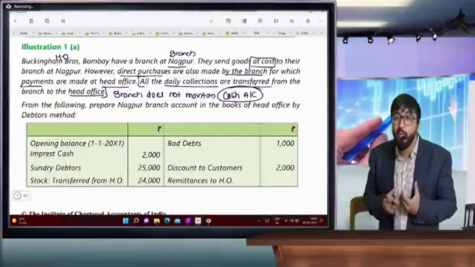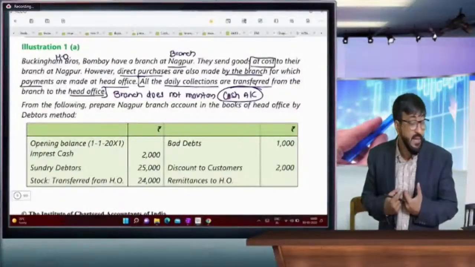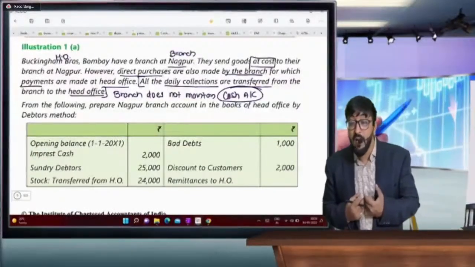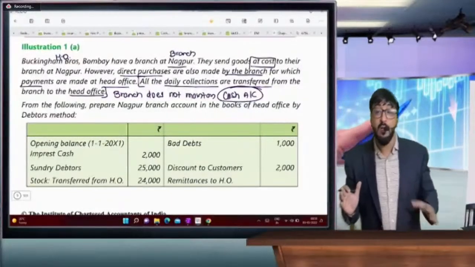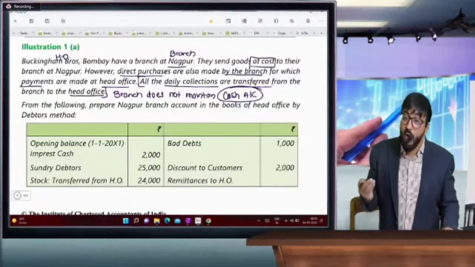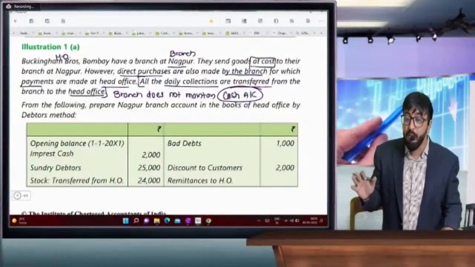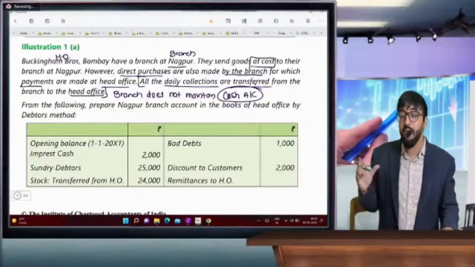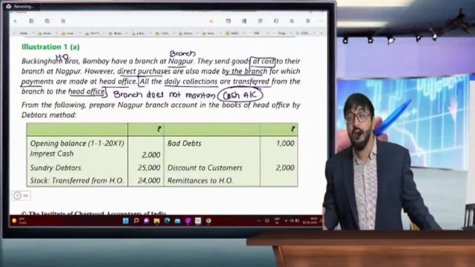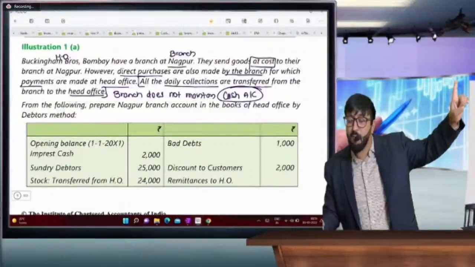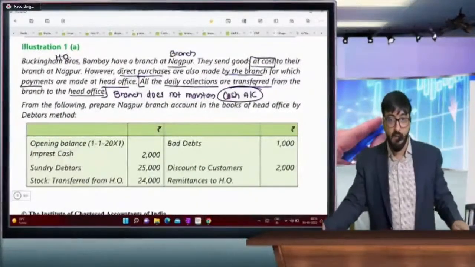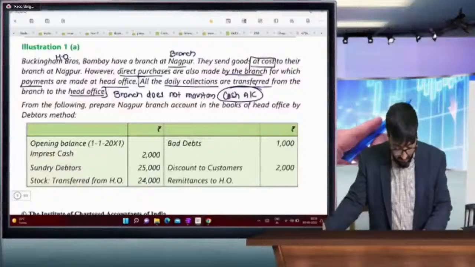Petty cash is like my pocket money, and cash is different. For petty expenses, meaning small expenses, HO will give you cash. But beta, daily cash, whatever cash you received from your debtors, that will be remitted. This is a very, very, very important sentence. Branch does not maintain.